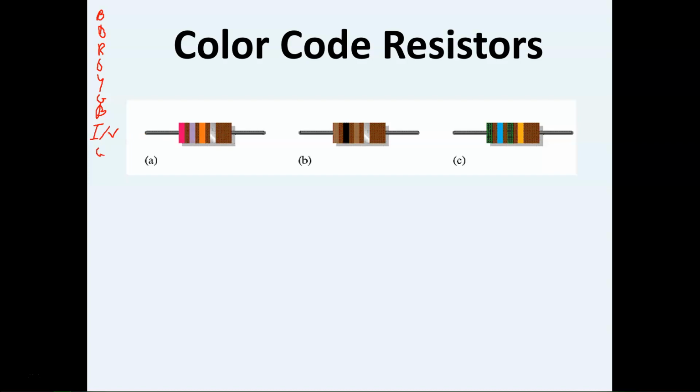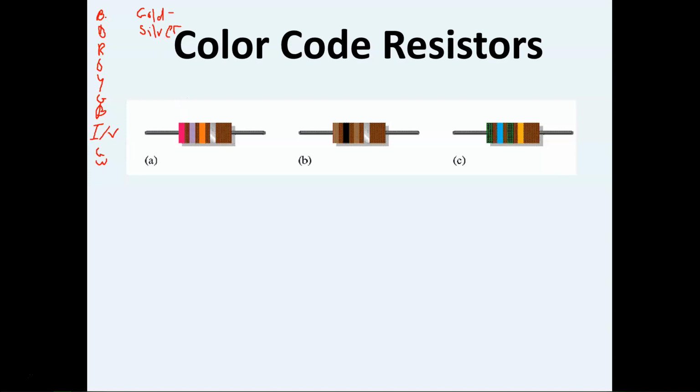And then you have gray, white, and then for other colors you have gold, silver, and those are the ones that are secondary. I'll just put it at that.